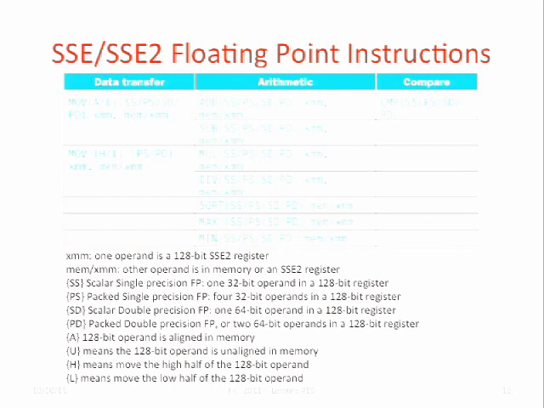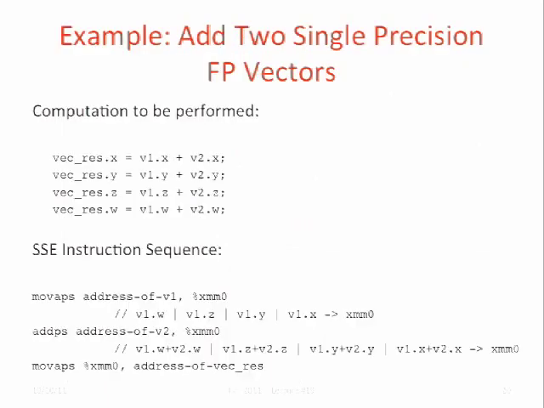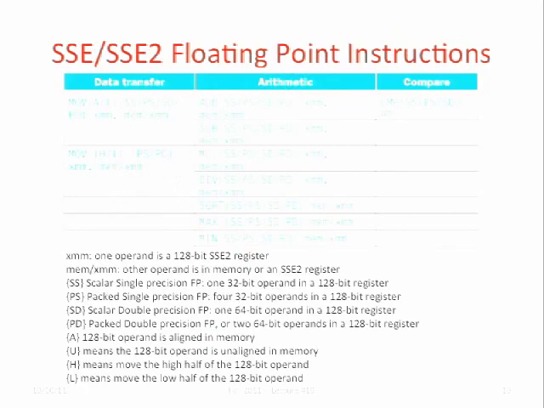Okay, so let's look at some example here. I've got two vectors I want to add. I want to add the two x's together, the two y's together, the two z's together, the two w's together. So the way that looks in this SSE instruction sequence, let me decode this.